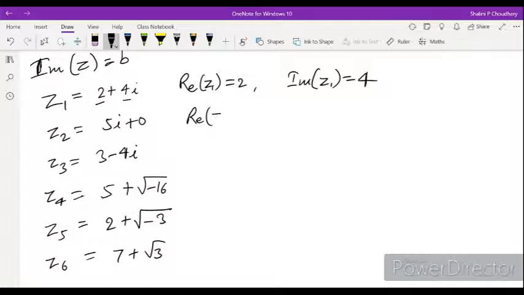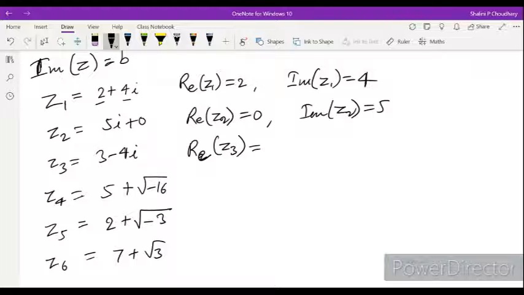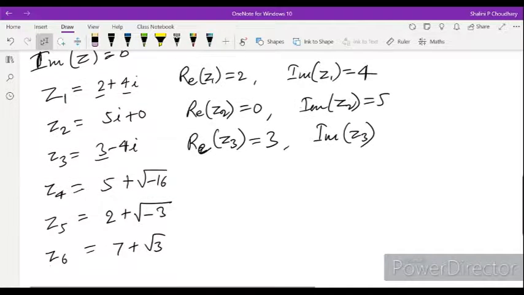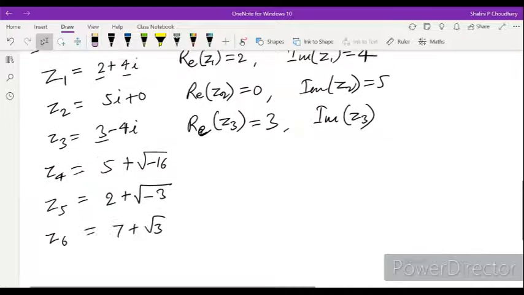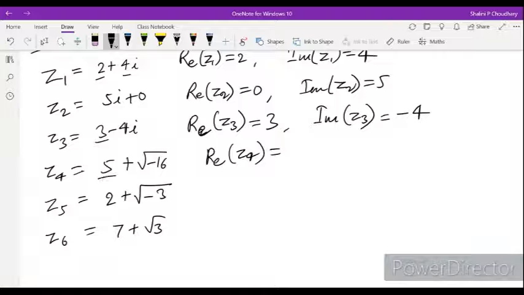So real part of z2 is 0 and imaginary part of z2 is 5. ठीक है, now in this one, real part of z3 is equal to 3 and imaginary part of z3 is equal to... a plus ib के टर्म में रहता है ना, so a plus ib. So यहाँ पे -4 we can take, -4 is the number that is imaginary.